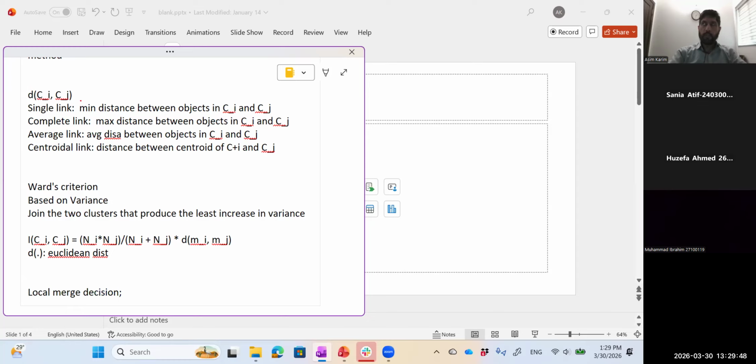So in other words, no global objective function, as in a partitional algorithm.